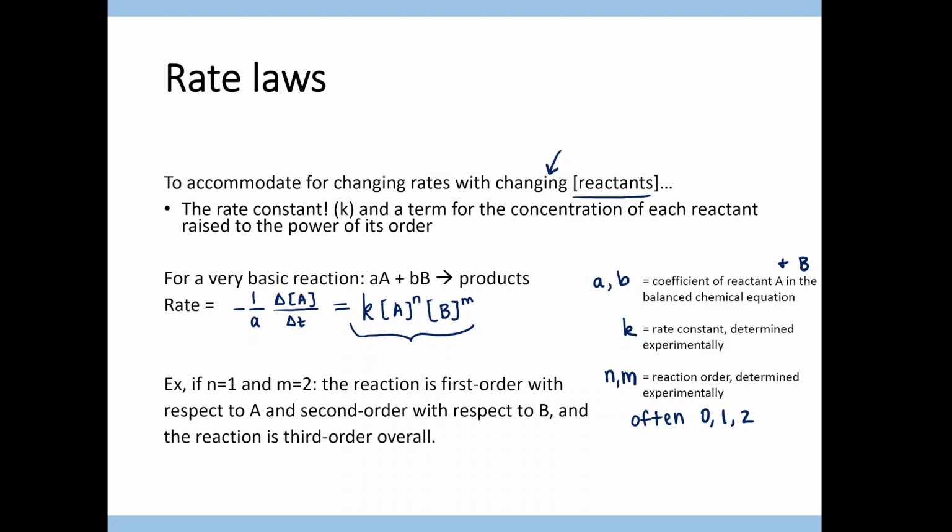And then we can describe the orders of the rate based on those exponents. So if n equals 1, and we'll say m equals 2, then we'd say this reaction is first order with respect to A and second order with respect to B. And overall, the reaction is third order. So lots of new information on this page. Next slide, we'll talk more about these reaction orders.